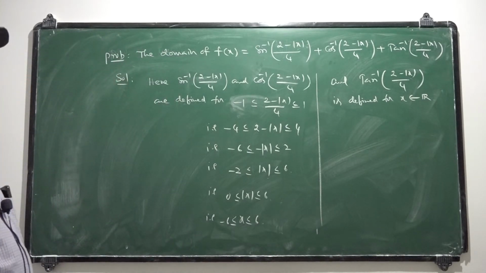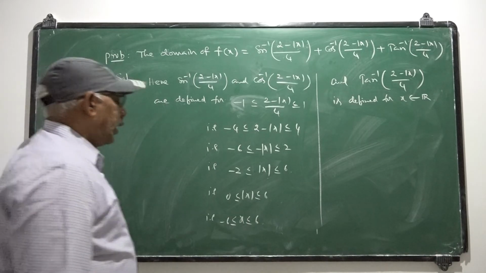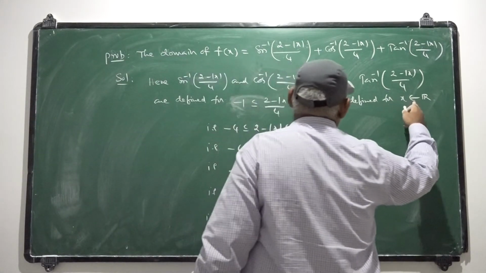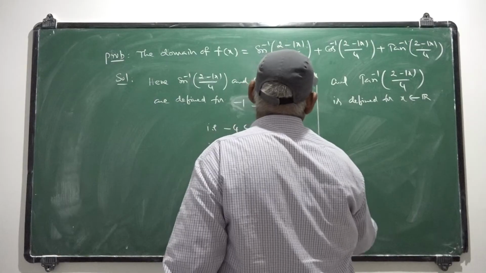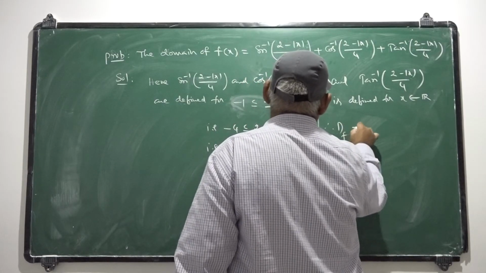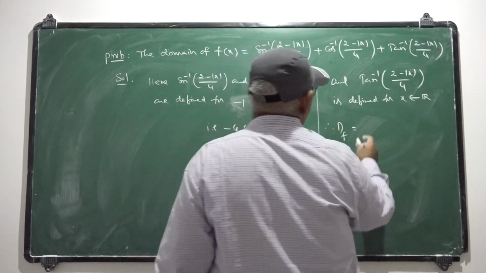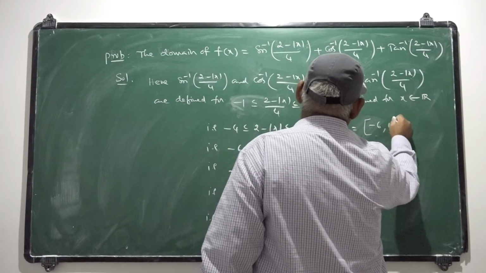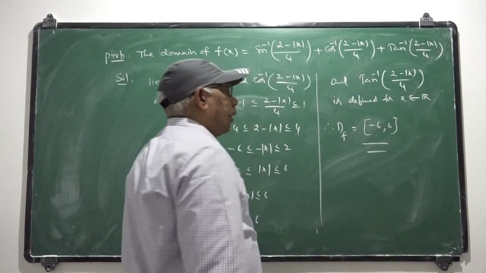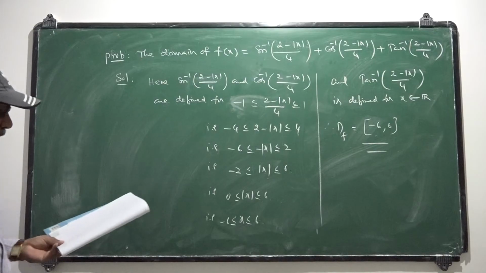Hence, tan inverse of 2 minus mod x by 4 is defined for all real values of x. Hence, the intersection of these two follows. So, the domain of f is the intersection of these two, which means minus 6 and 6 itself.